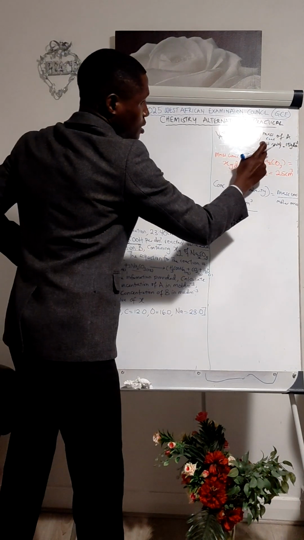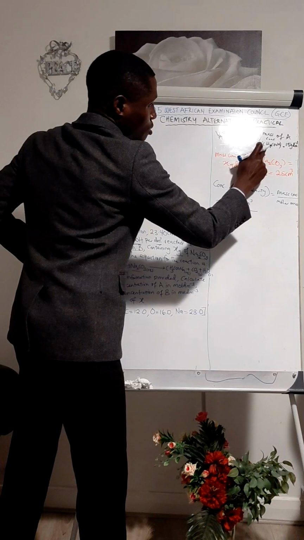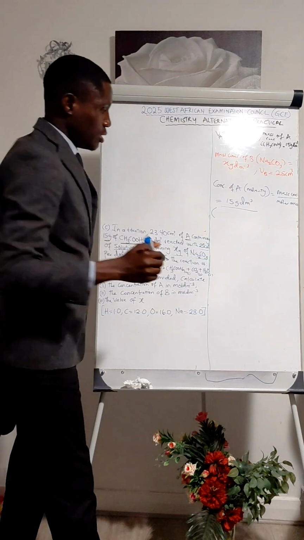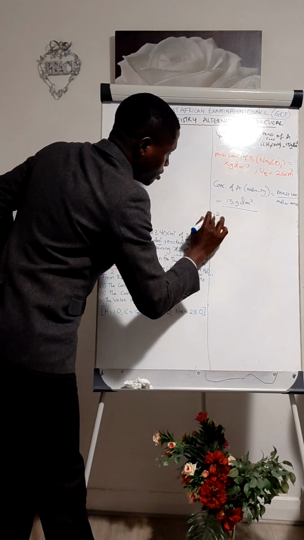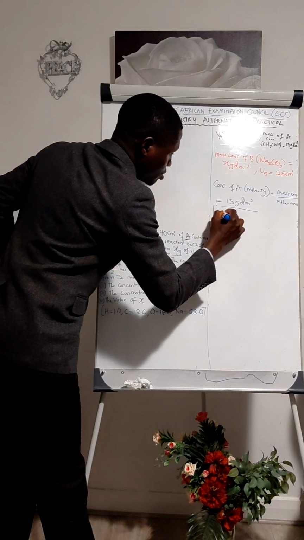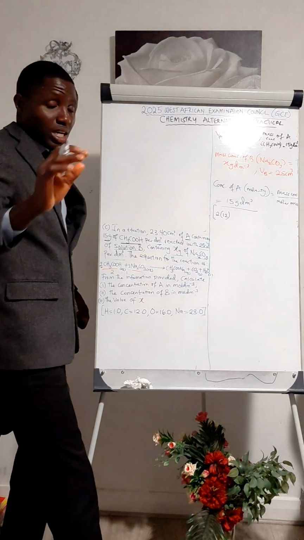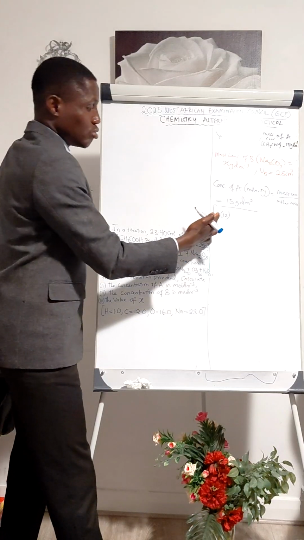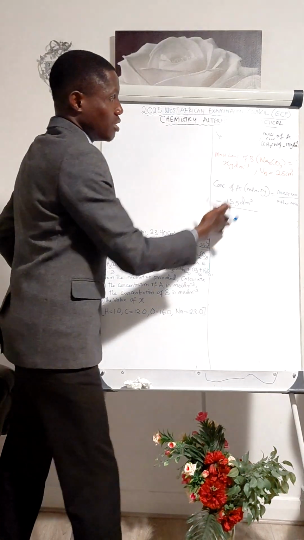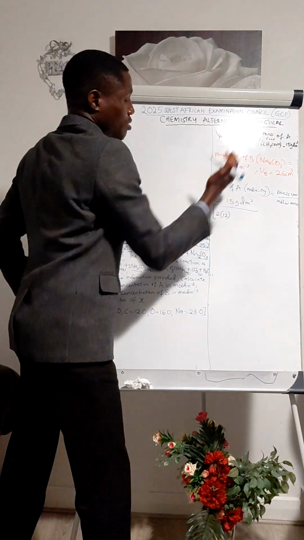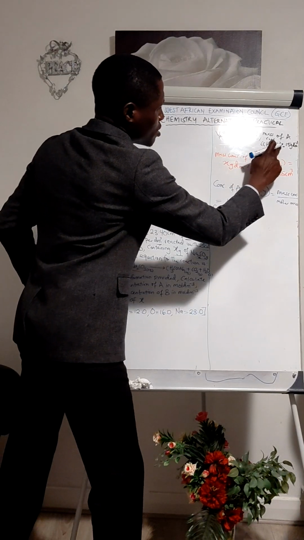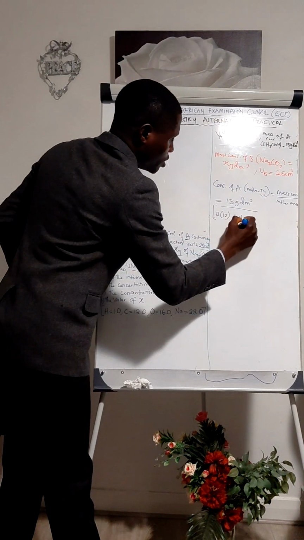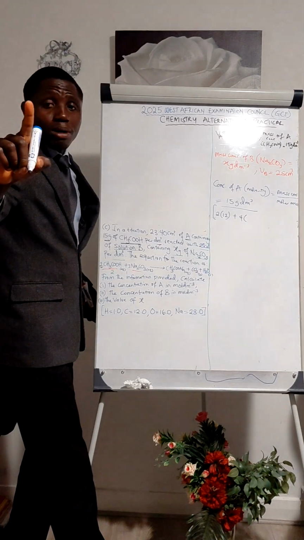The compound contains 2 carbon, so 2 into bracket 12, because 1 carbon has atomic mass of 12. That's for the 2 carbon there. Plus, how many hydrogen do you have? This hydrogen 3 plus 1 hydrogen making 4. So 4 into bracket 1, since the atomic mass of hydrogen is 1.